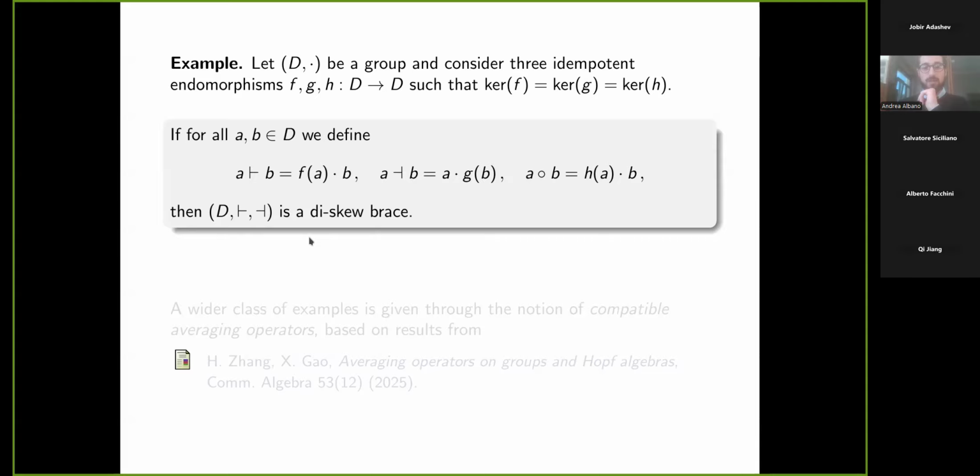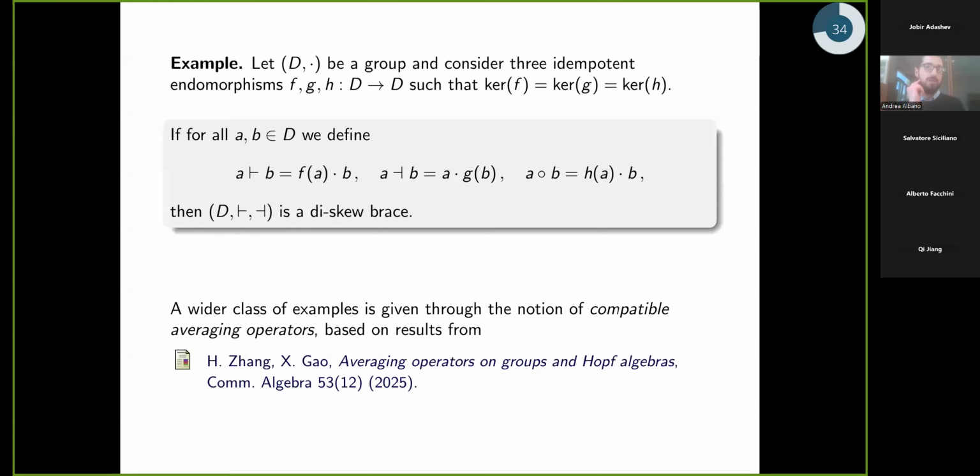Here, I'm sorry, there's an error. The circle operation is missing. Now, this class of examples is not a coincidence and actually is a subclass of di-skew braces that can be achieved through the notion of compatible averaging operators, which we used based on results from a paper by Zhang and Gao quite recently in 2025.